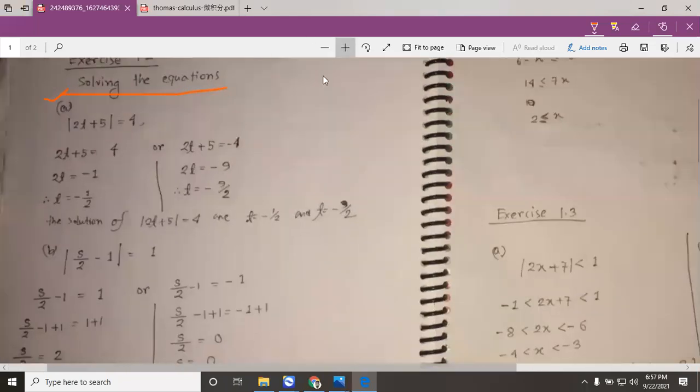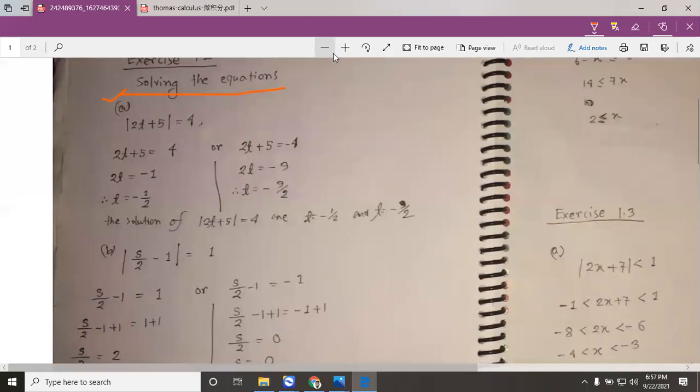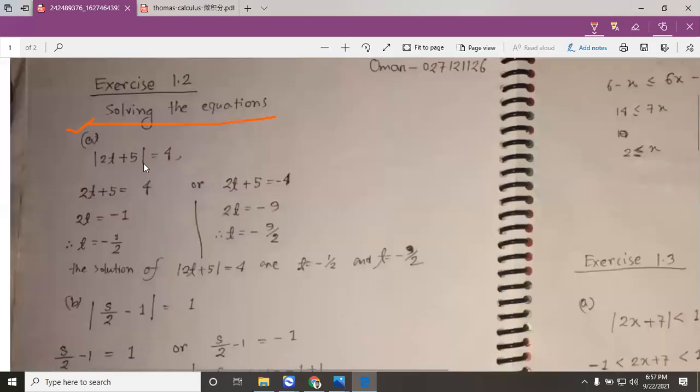So here is an inequality: the absolute value of 2t plus 5 is equal to 4. Chirwa, you got the problem here, right? Yes, in the absolute value. Okay. So let me start from the beginning.